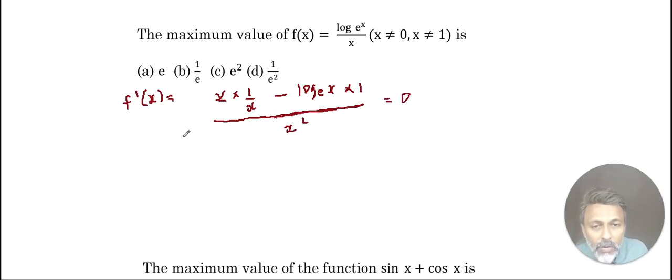Let's equate this to 0. We get x cancelling out, so 1 remains. 1 minus log x to the base e is equal to 0.